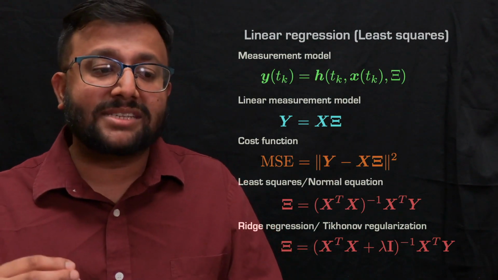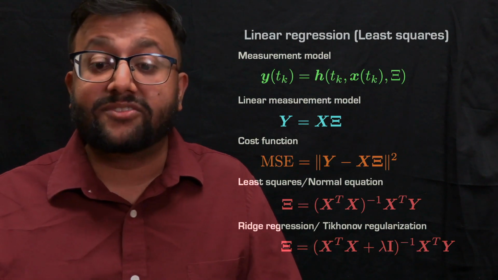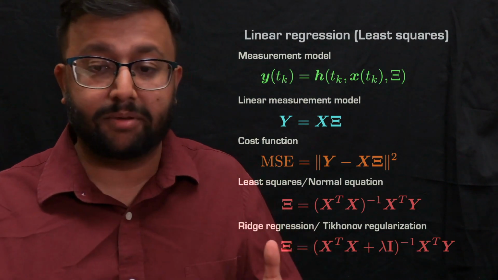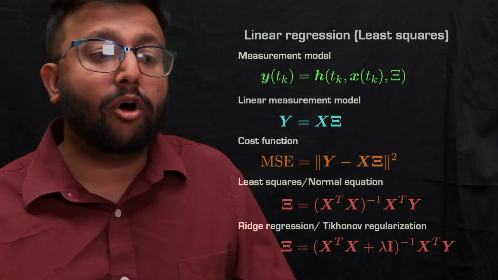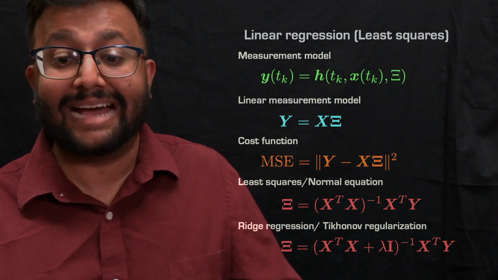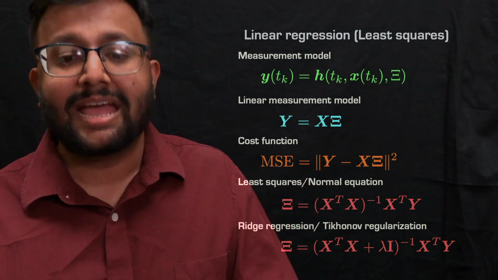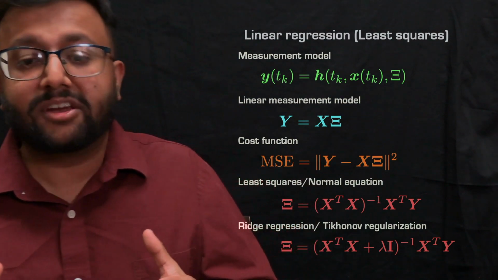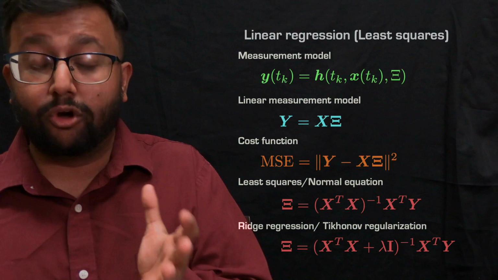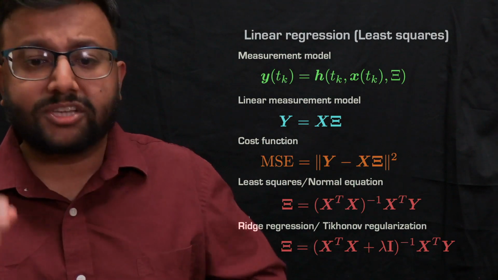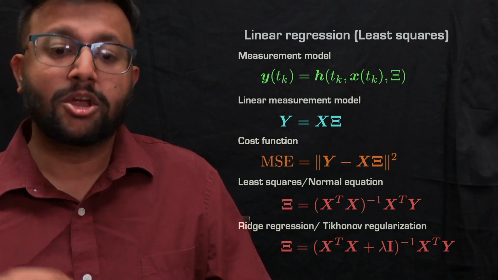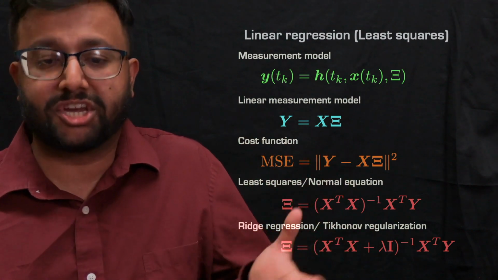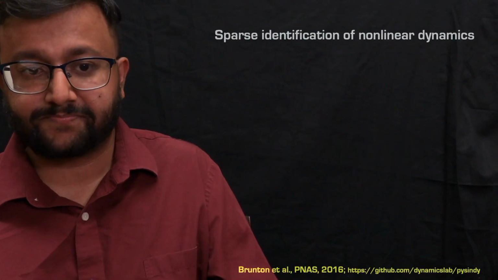Now, what this does is increase something called the condition number of your regression method. This type of regression is called ridge regression, and the regularization method is referred to as Tikhonov regularization. This is quite a popular trick even in machine learning algorithms to improve the condition number of regressors.